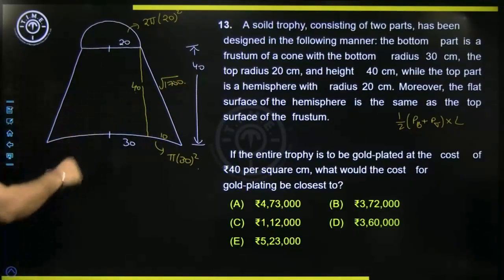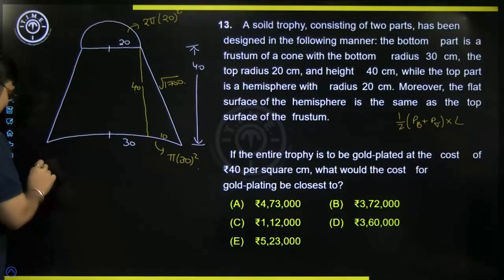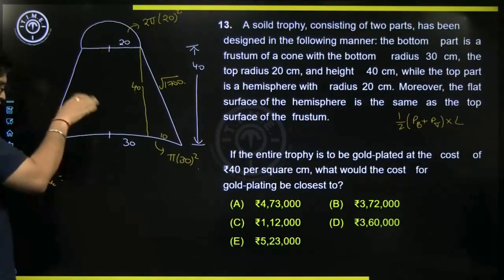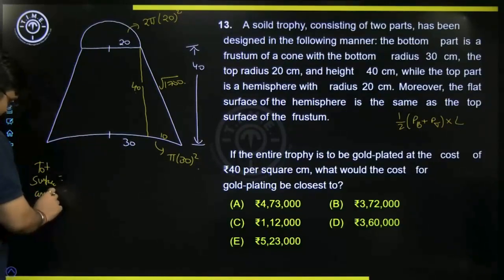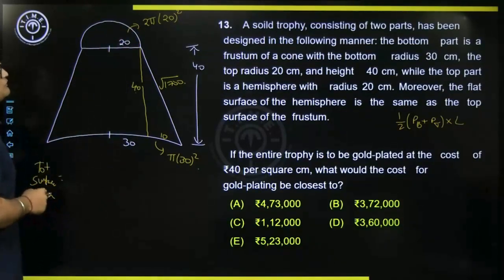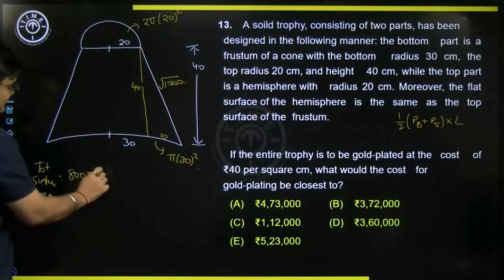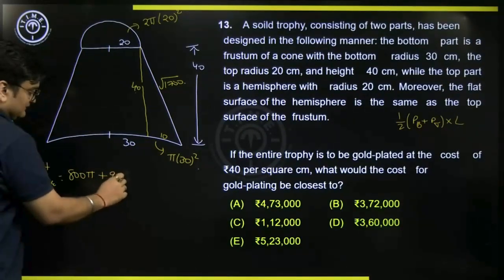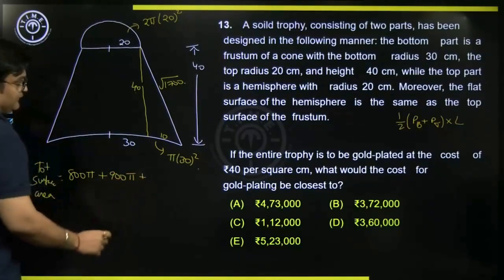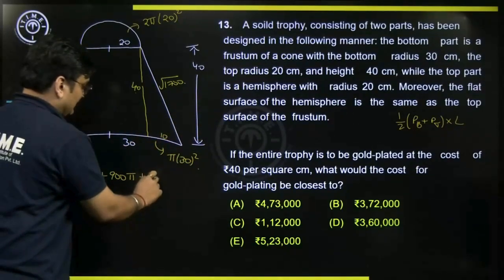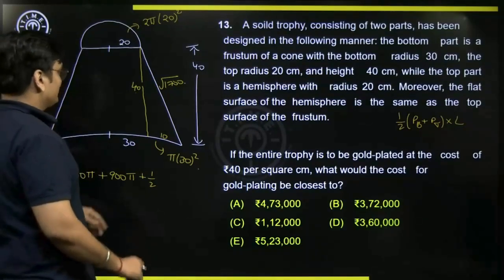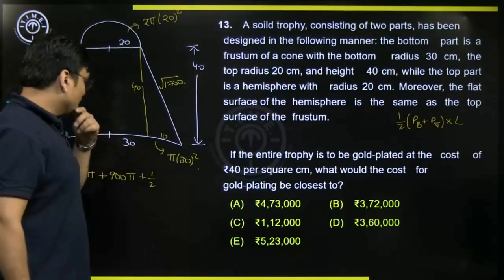And now applying that formula, total surface area for the overall trophy will be 2 pi into 20 square, which is 400 into 2, 800 pi, plus 100 pi, 900 pi, plus, let's use that formula, half into perimeter of the base. So it's going to be 2 pi r.